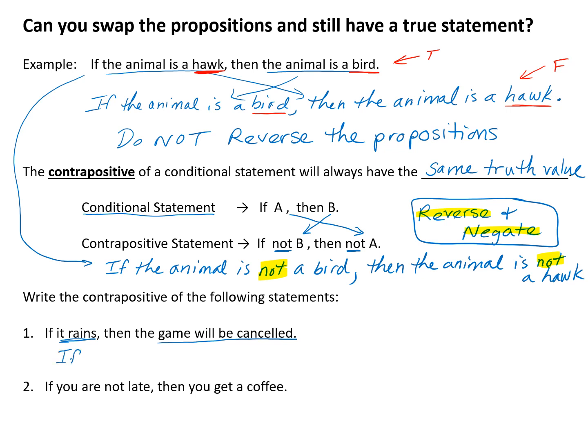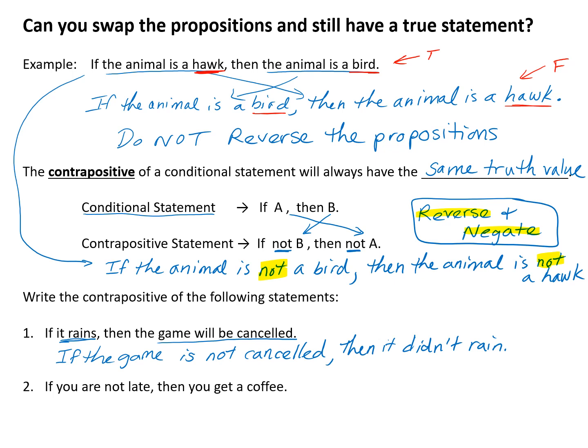If the game is not canceled, so I'm reversing that, the game is not canceled, then instead of saying it rains, I say it didn't rain. Okay, so I've reversed and I've negated.